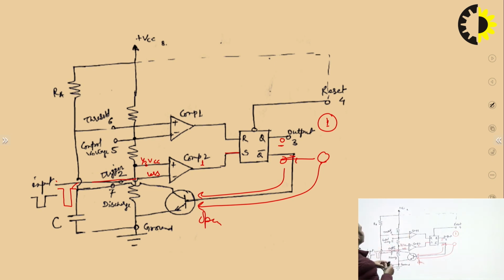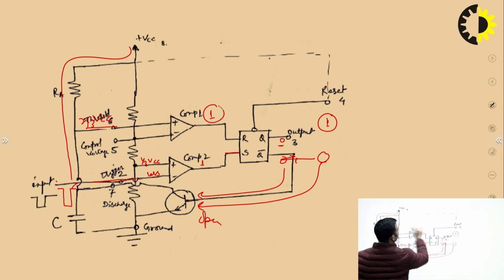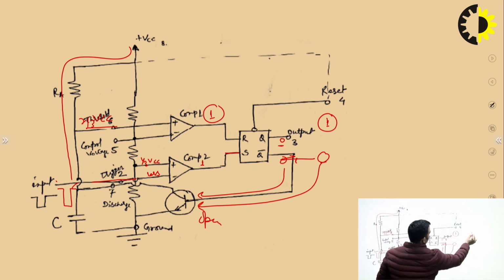Open circuited means this capacitor will start charging through resistor RA towards VCC. So let us consider that this capacitor starts charging and voltage across the capacitor is increasing towards VCC. Whenever the voltage across this capacitor is equal to 2 upon 3 VCC, and slightly more than that, then the output of comparator 1 will change and its output will become 1. And when its output becomes 1, the output of this flip flop will be 0 now, and Q bar will be 1.